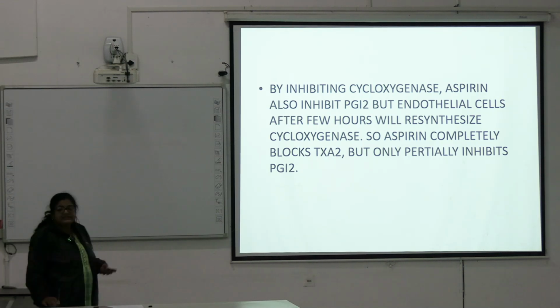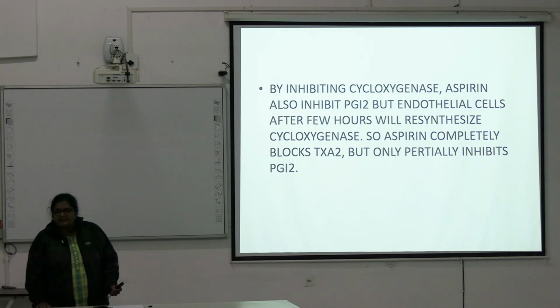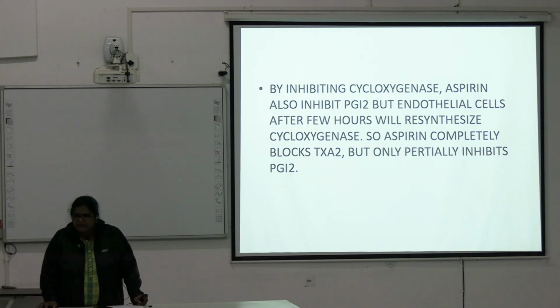Okay. This is the mechanism of action of aspirin. It is very important, and in this Eicosanoids chapter, if one question comes in theory, it will be this: the mechanism of action of aspirin. Okay.